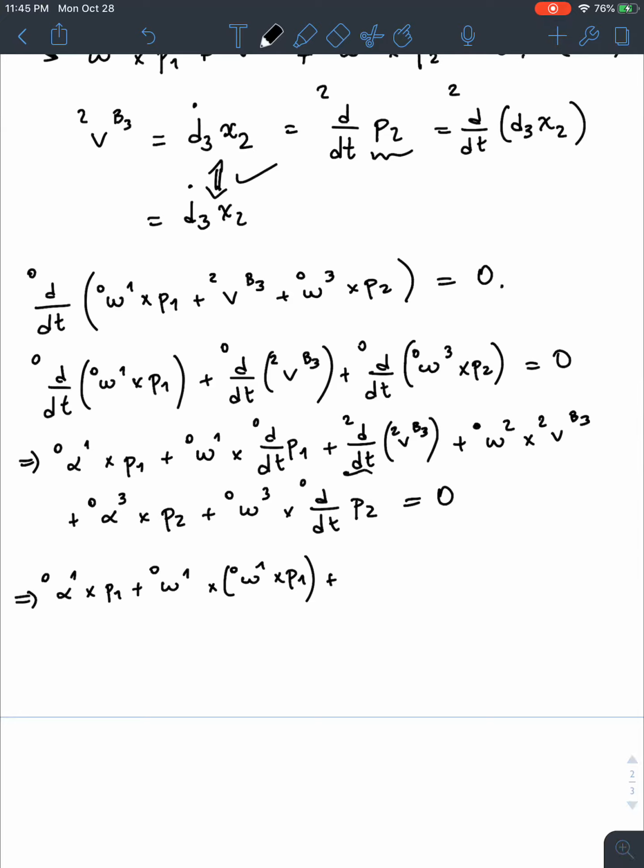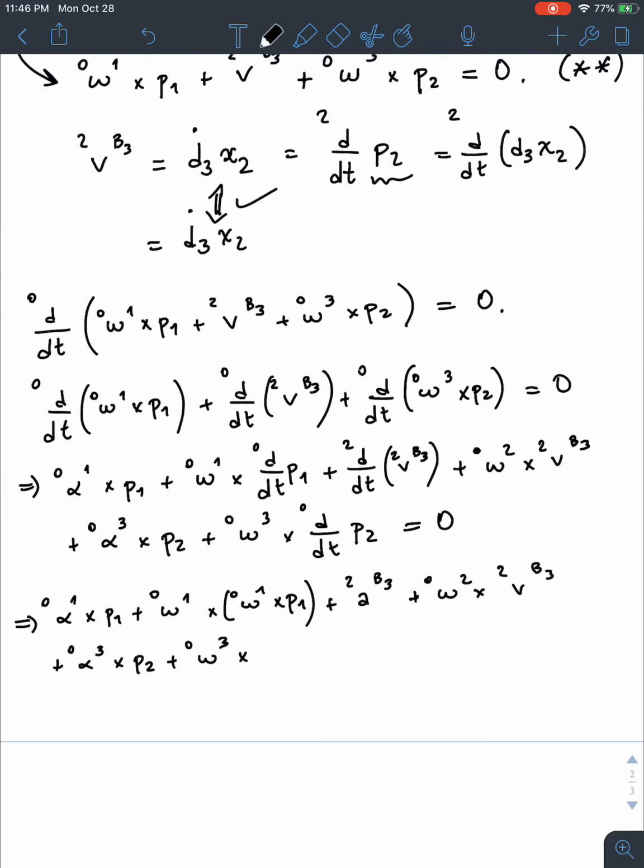Plus, now this is the definition of the acceleration of the point p3. This is the acceleration of point p3 in the frame 2 plus angular velocity of 2 in 0 cross velocity of point p3 in 2 plus angular acceleration of 3 in 0 cross p2 plus angular velocity of 3 in 0 cross ddt of p2 in 0.